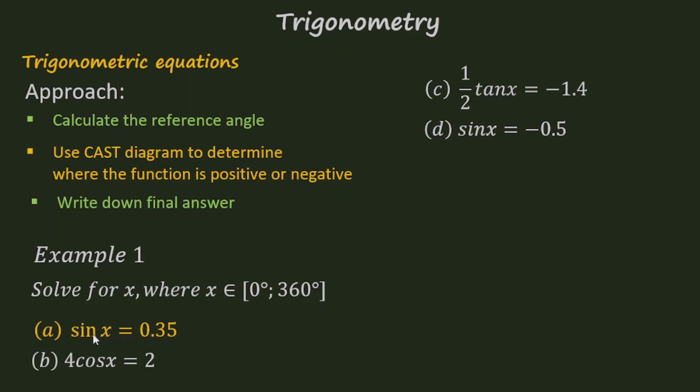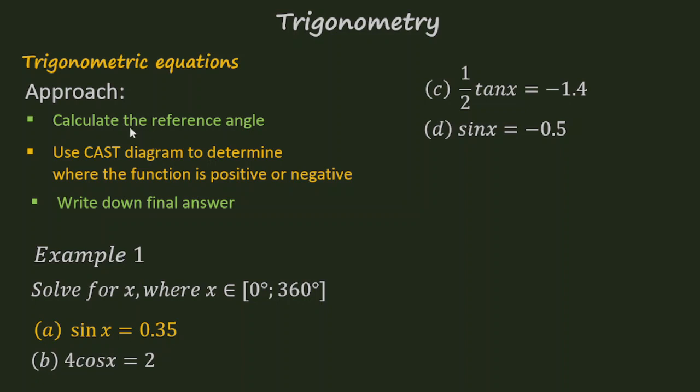So in any case where you find a complicated equation, you have to simplify first so that you are left with one trigonometric ratio on the left and some numerical value on the right. For our problem A, this is already in a simple form. So all we have to do is to follow this approach in order to solve for x here.